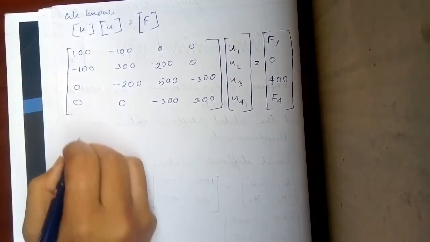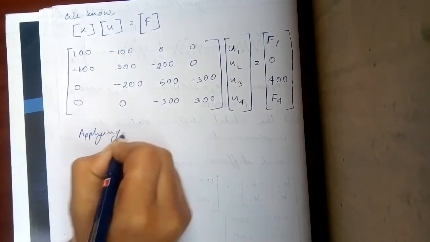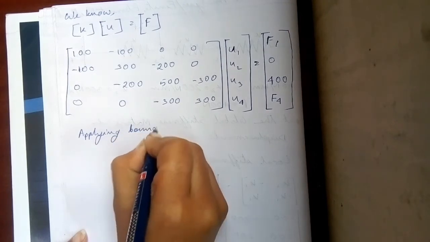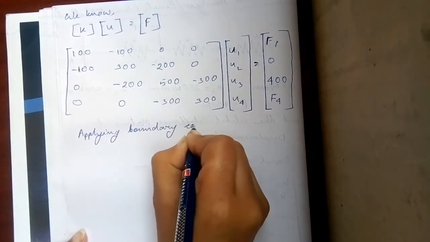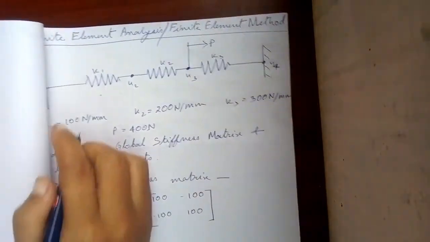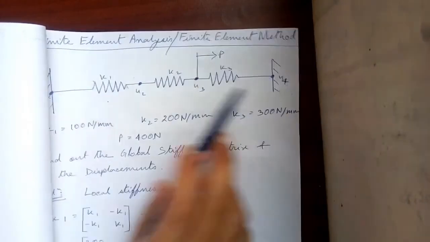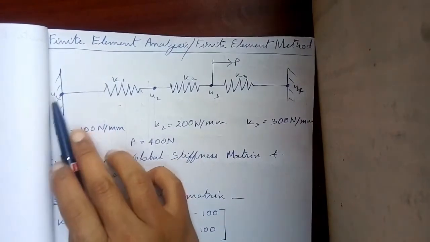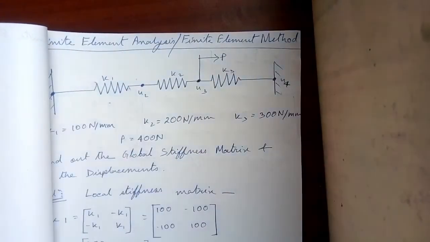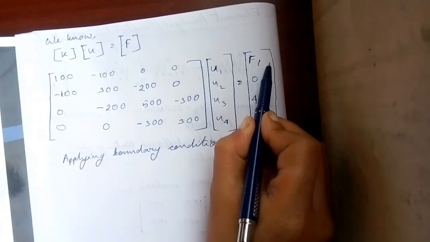So our next important step is applying boundary condition. Please observe the diagram. There are fixed ends at U1 and U4. So there will be no displacement due to any force, right? So U1 and U4 is 0.